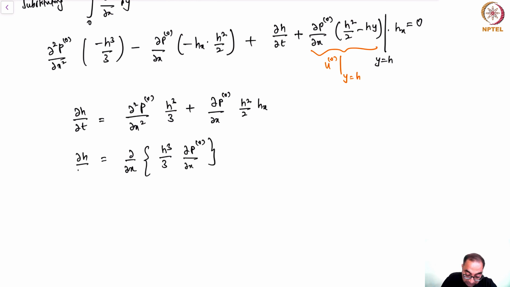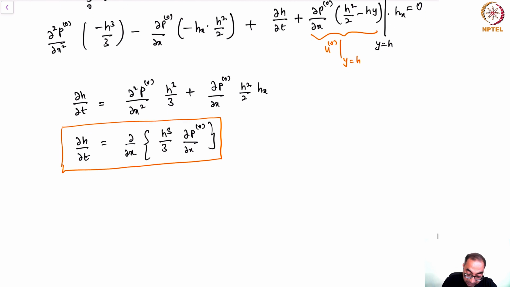This is my evolution equation, right? So let me explain what this is.